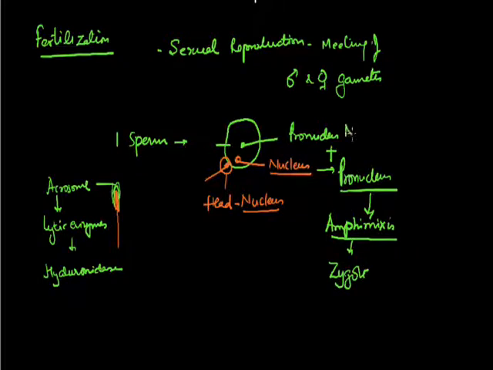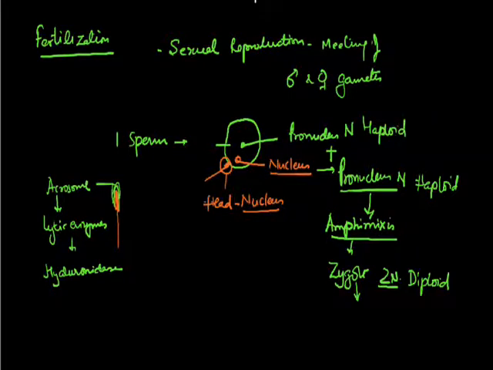This is haploid and this is also haploid, resulting in the diploid zygote. Ultimately, the new organism develops from this zygote, and the organism is again in the parental stage, that is the diploid stage. These are the conceptual things that should always be kept in mind.